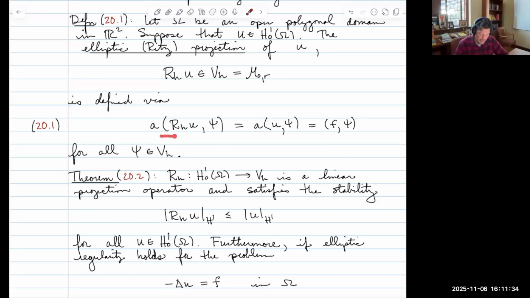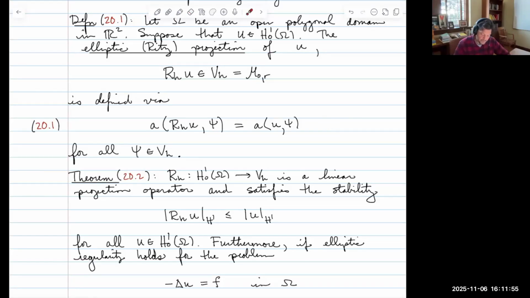Basically we would be asking, what is this object for any psi in the finite element subspace, which equals this? Well, that's just the finite element solution. So really, all this is the finite element version of u.